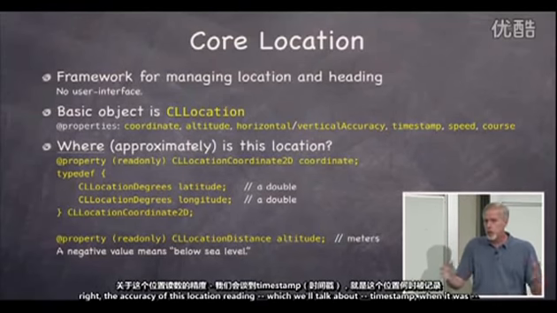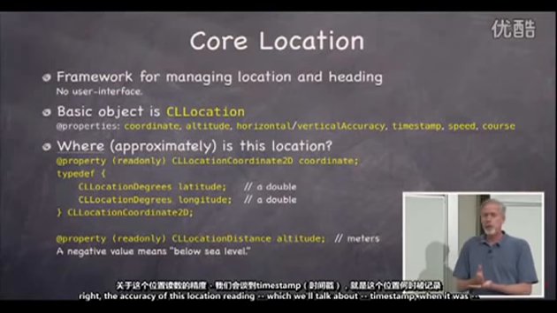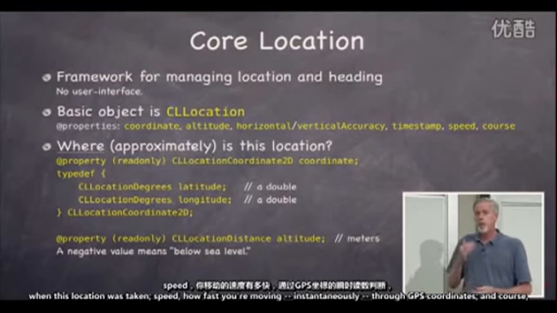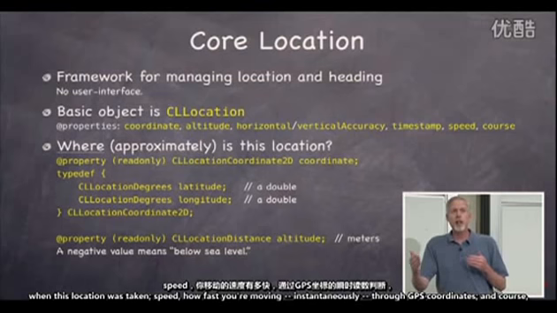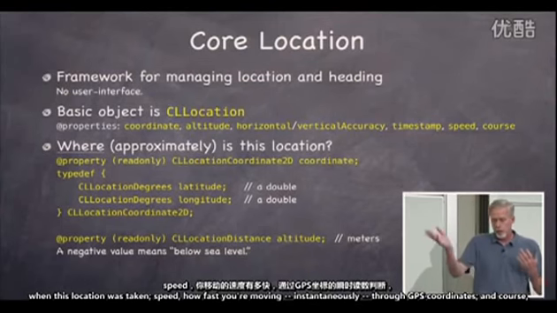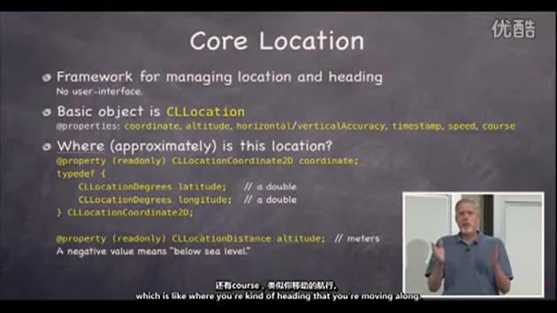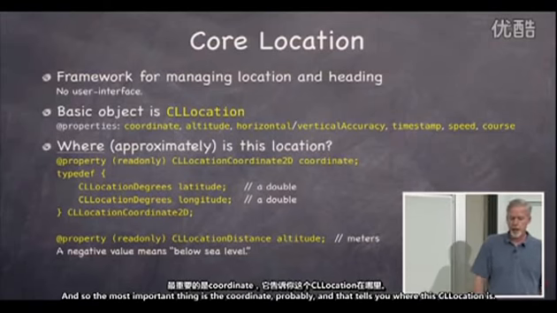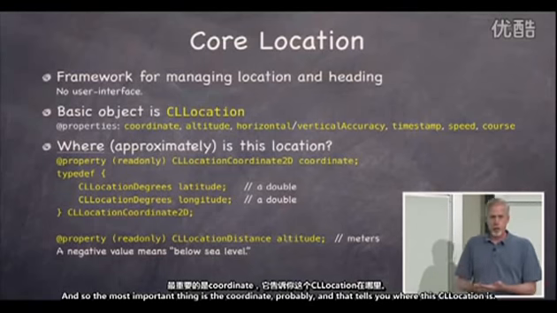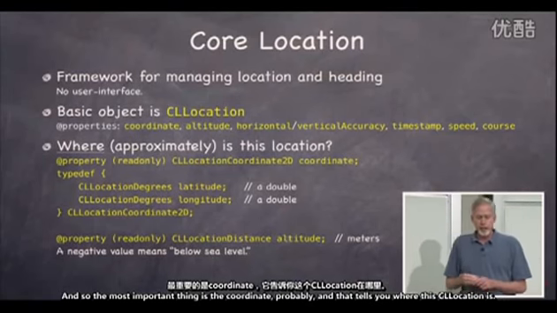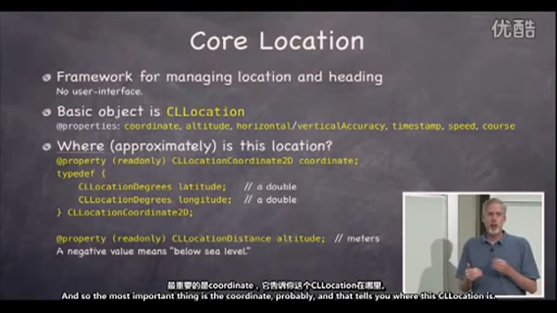The accuracy of this location reading, which we'll talk about, the timestamp, when this location was taken, speed, how fast you're moving instantaneously through GPS coordinates, and course, which is where your heading is as you're moving along. And the most important thing is probably the coordinate, and that tells you where this CLLocation is.